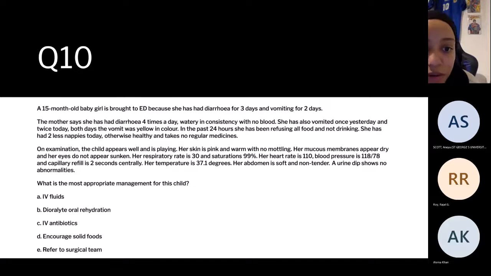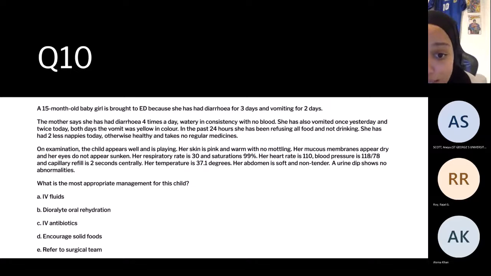On examination, the child appears well and is playing. Her skin is pink and warm with no mottling. Her mucous membranes appear dry and her eyes do not appear sunken. Her respiratory rate is 30 and saturations are 99%. Her heart rate is 110 and her blood pressure is 118/78. Her capillary refill is 2 seconds centrally.